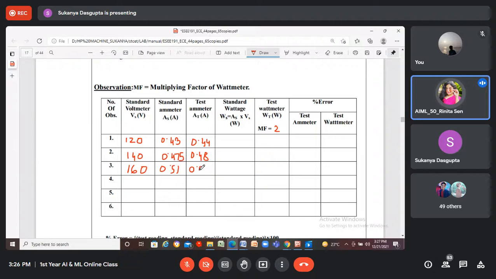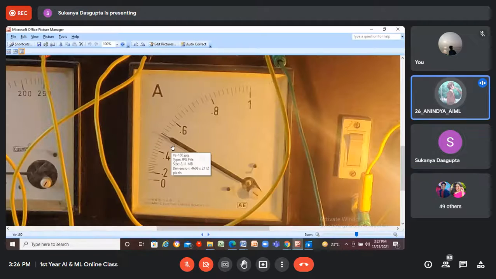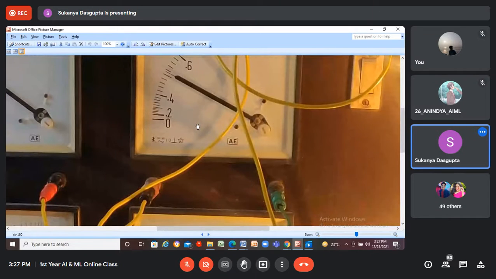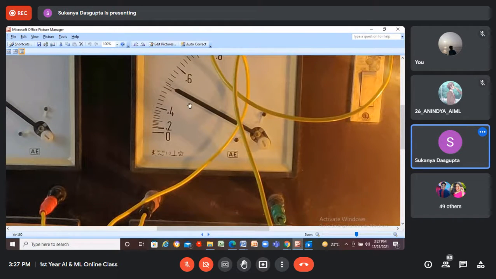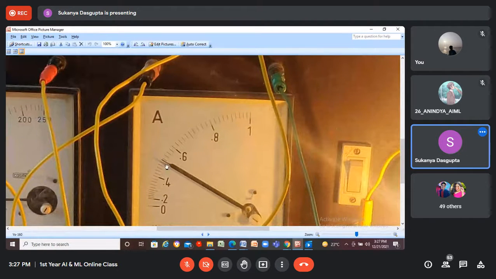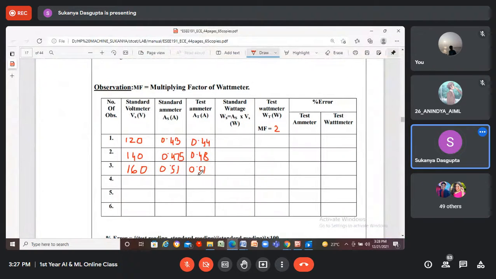It was a little shifted from 0.51. Very small deviations. Can we take 0.515? This one is 0.5, this is 0.52, so 0.515. Yes, you can take 0.515, but according to me, both are 0.51.